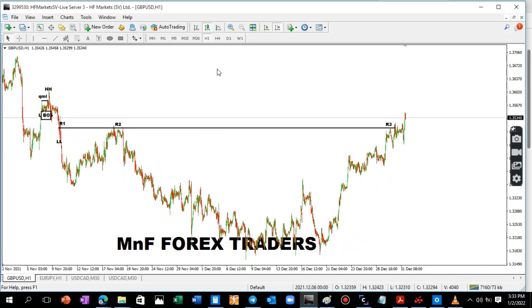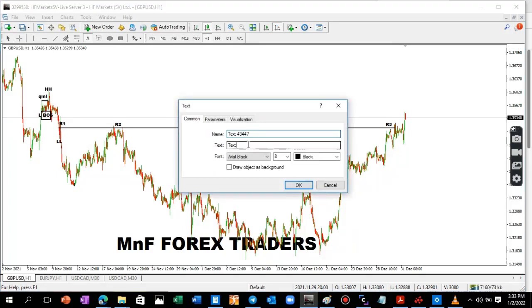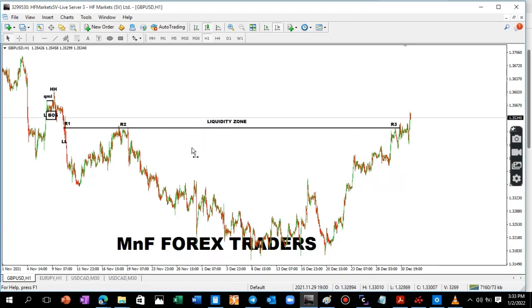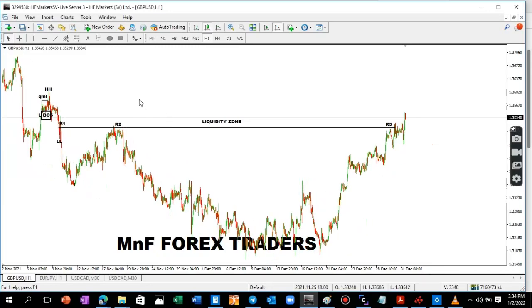So our next level, let's just label this. This is our liquidity zone. The market has to take out this liquidity. As you can see, the market has partially taken out the liquidity right there. So we have levels where the market is likely to turn from.